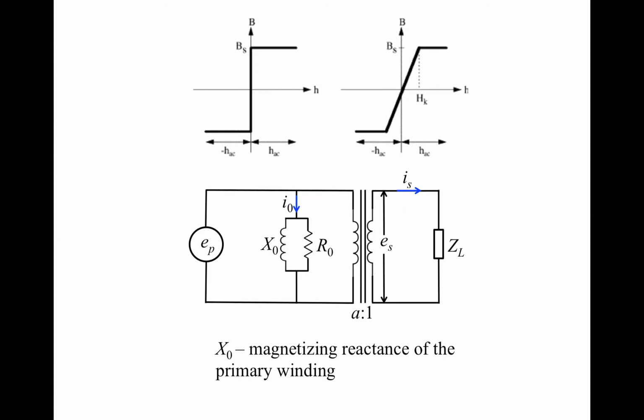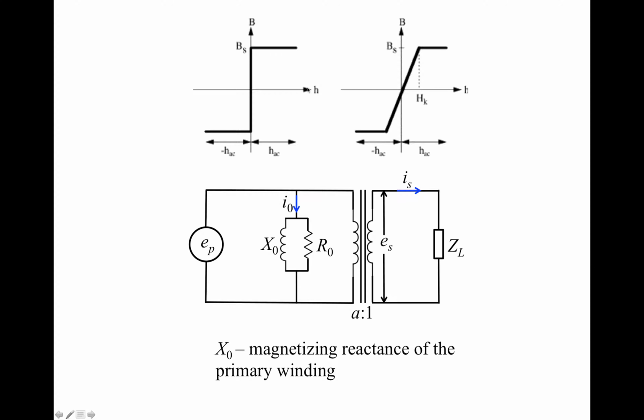Back in video 14, when we were discussing Ampere's law, we introduced the concept of magnetic permeability, which is basically the slope of the BH curve. If the permeability is infinite, which means that the BH curve is vertical, then it takes zero current to set up the magnetic flux, right?